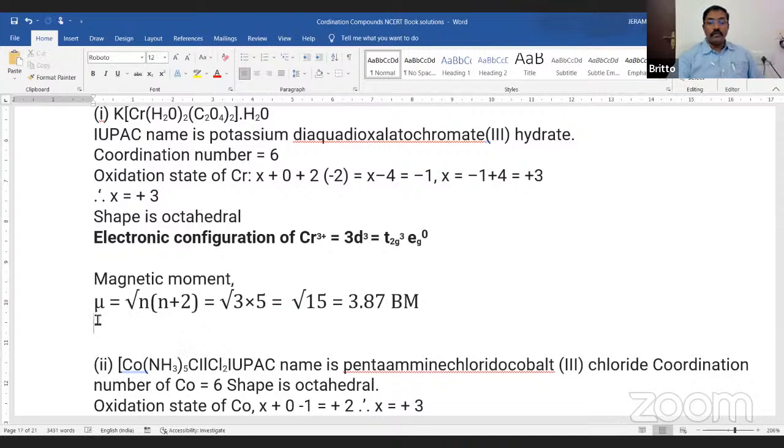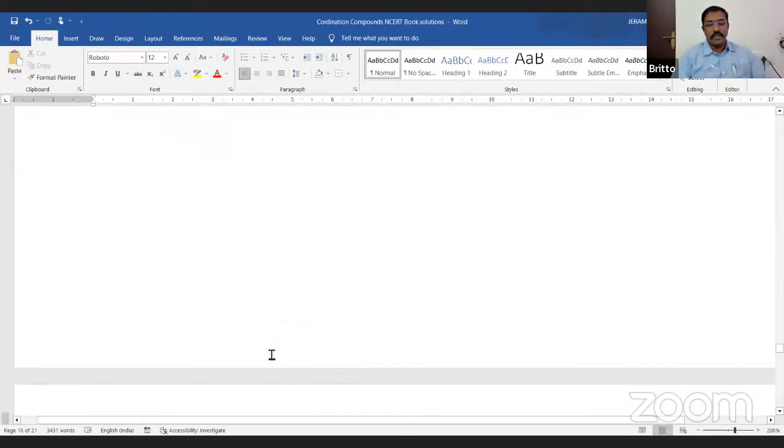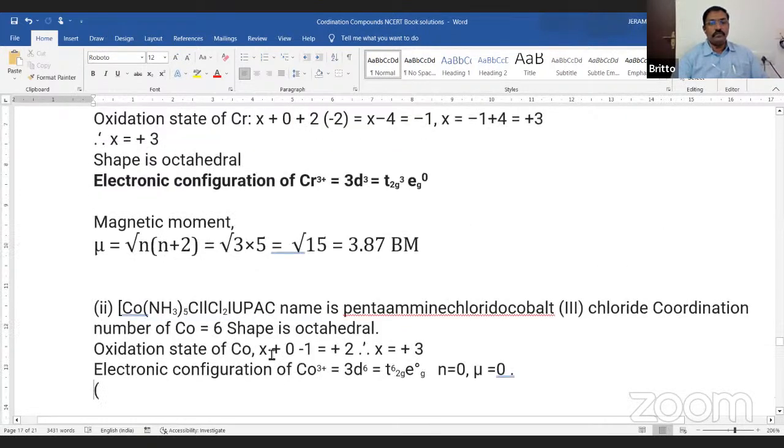So problems will be asked to match the magnetic moment, or they may ask for the electronic configuration. You have to choose the electronic configuration or oxidation state correctly. Some of them are easy, some are difficult. The only thing is timing. If you calculate the electronic configuration quickly, you can save lots of time.